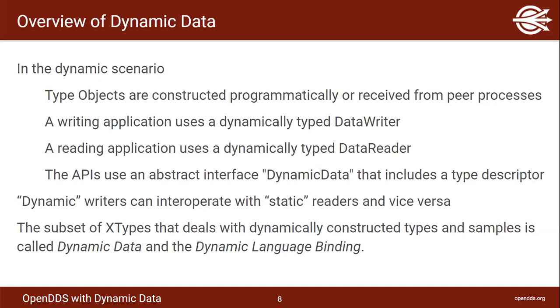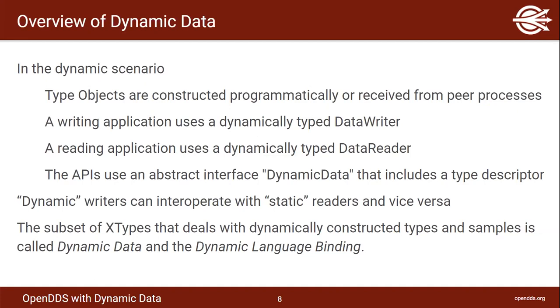You would then initialize all of its members using that API, and then you're able to write that sample on the dynamic data writer. On the data reader side, again, you receive this dynamic data object. You can then inspect its type and interact with it via the API that's defined. So dynamic writers can interoperate with static readers and vice versa.